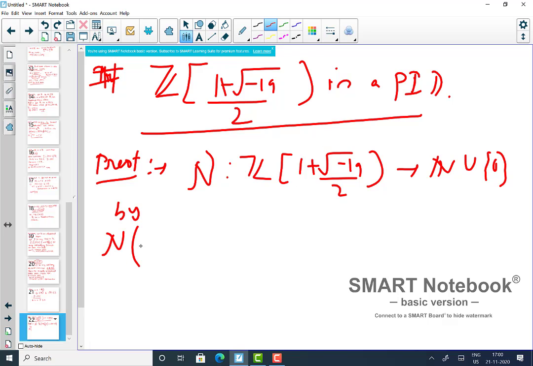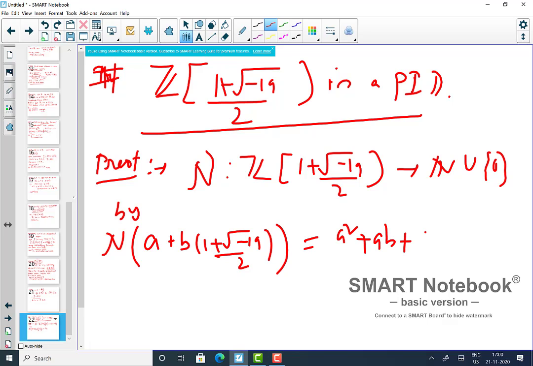The elements of this ring are of this form: a plus b times (1 plus root minus 19) by 2. These are the elements, right? And you send it to a square plus ab plus b square. This is classical work, so people already know this thing.